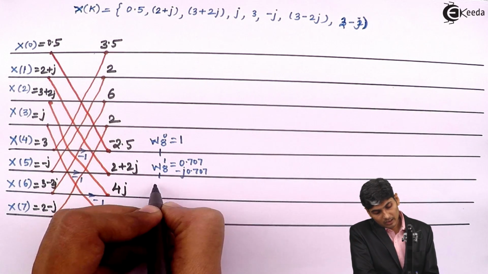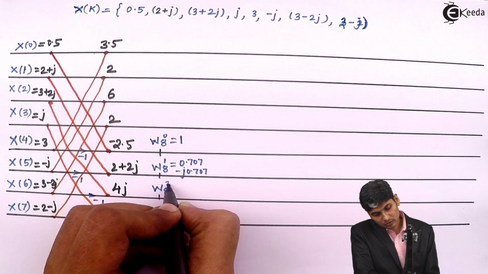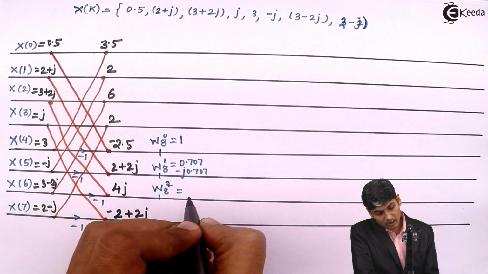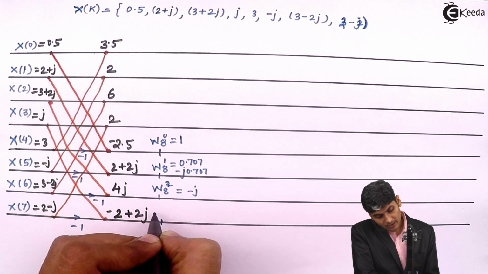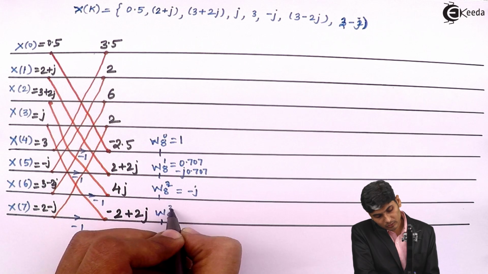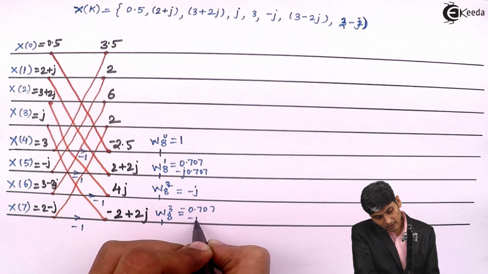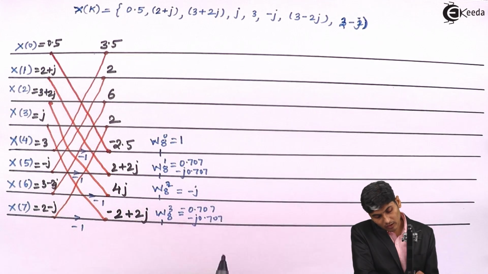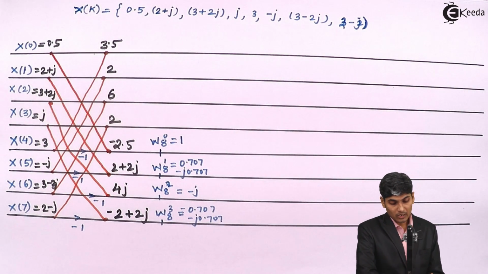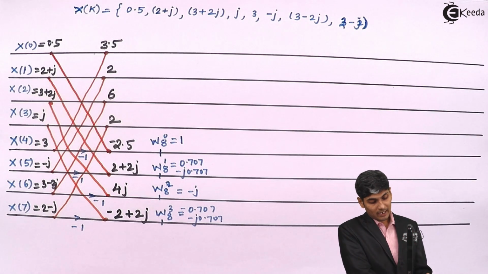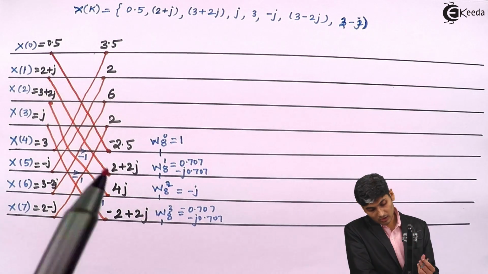Then we have W8 raised to 2, which is nothing but minus j. And finally, we have W8 raised to 3, which is minus 0.707 minus j 0.707. Okay, then we will have the next stage crisscrosses.